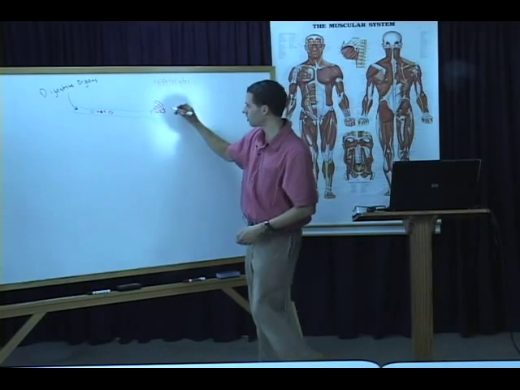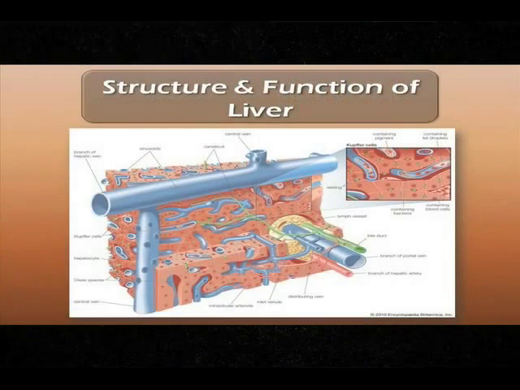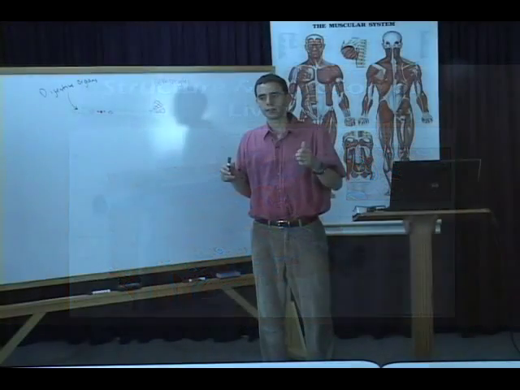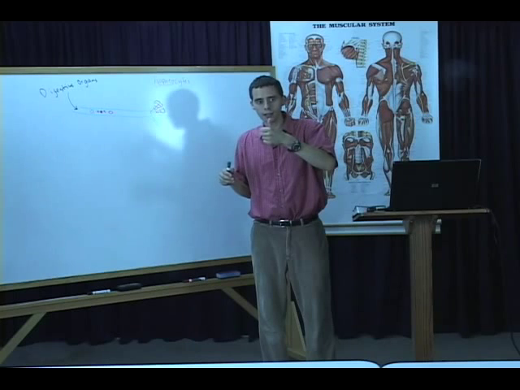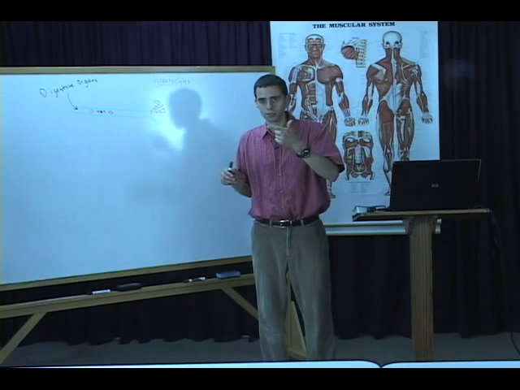But there are also areas here. These are known as canaliculi. And these little kind of like lymphatic or drainage vessels actually come in contact with each one of the liver cells. So each one of the liver cells comes in contact with a blood supply, a direct blood supply, and a direct drainage system.